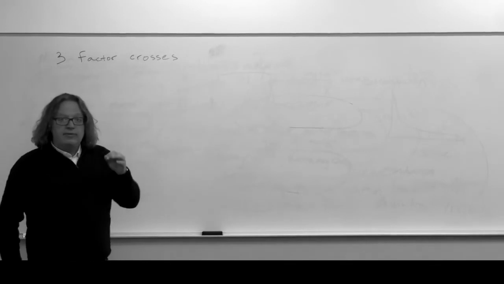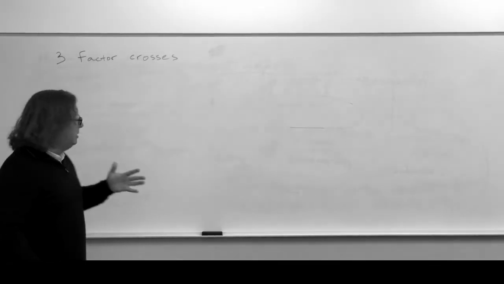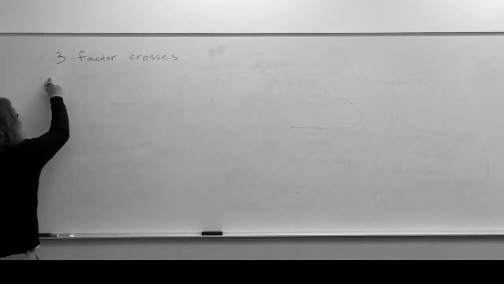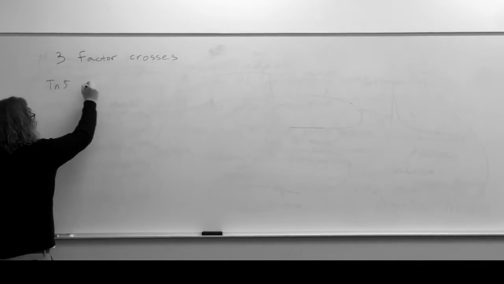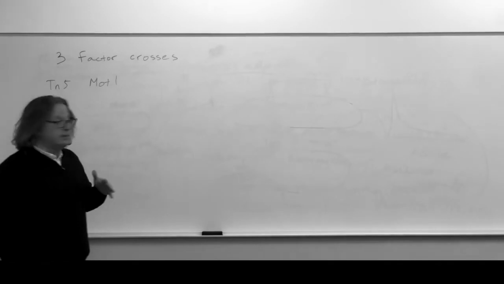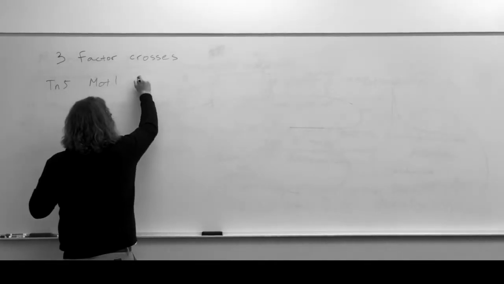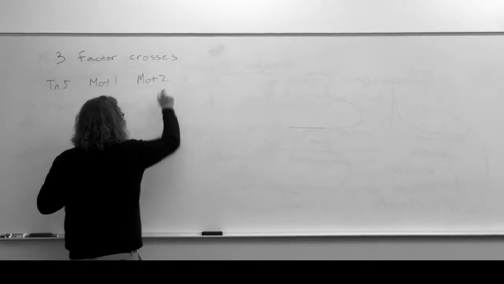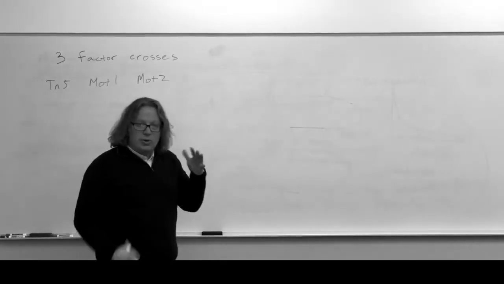So say we have 2 different motility genes. One of them is MOT1, and another one is MOT2, but we don't know what the order is of these.